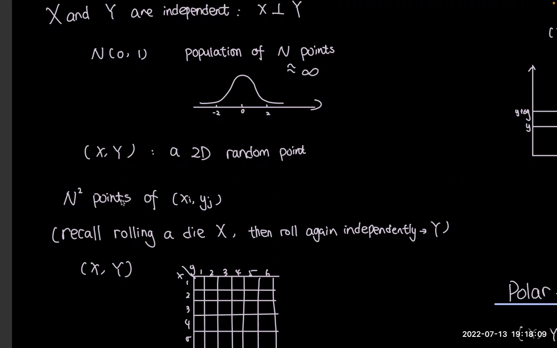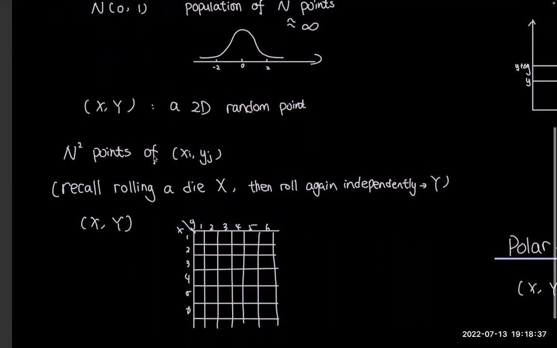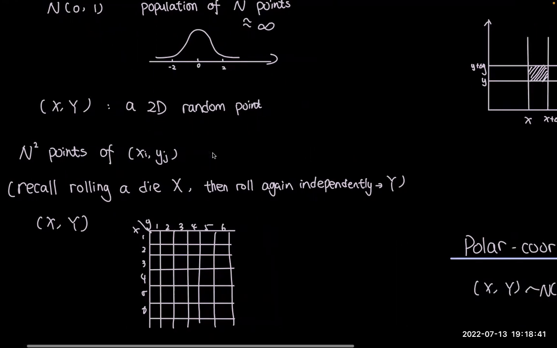Suppose we label those points as x1, x2 to x capital N, and we can also use y1, y2 to y capital N to label the same points. Then we have n squared pairs of xi, yj. And all these n squared pairs are equally likely if x and y are independent. Okay, so that's the intuitive, hopefully tangible notion of independence.